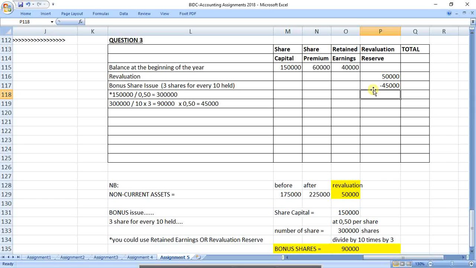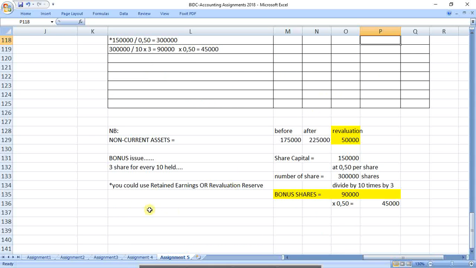Sorry. Next. Last bit, eh? Okay, so on 30th of September 2016, a rights issue was offered on the basis of 1 ordinary share for every 8 held.